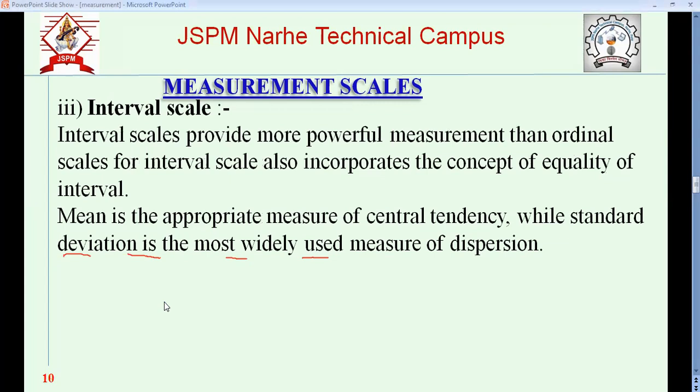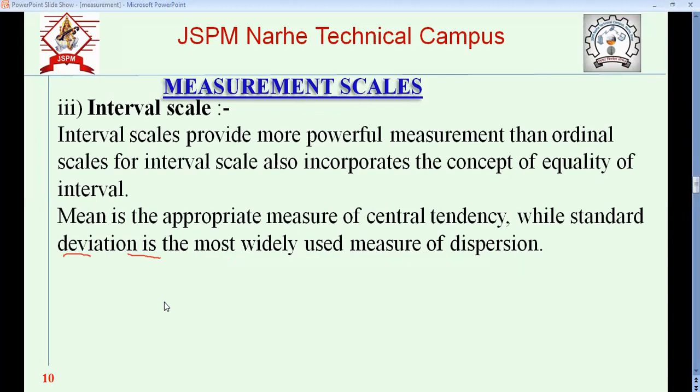So for the scaling concept, multiplication and division are not possible in the interval scale. Like I've just taken the division of 333 by 303. In degree Celsius, with 60 degrees and 30 degrees, we obviously see that if we divide 60 by 30, it is 2.